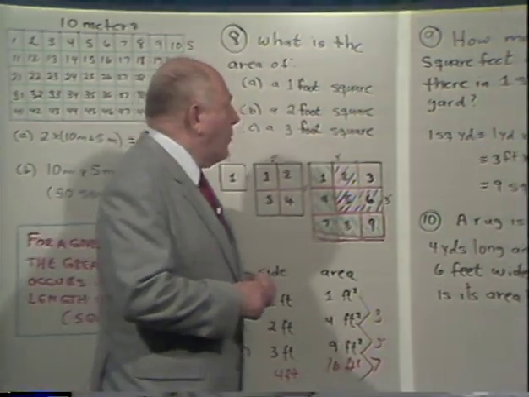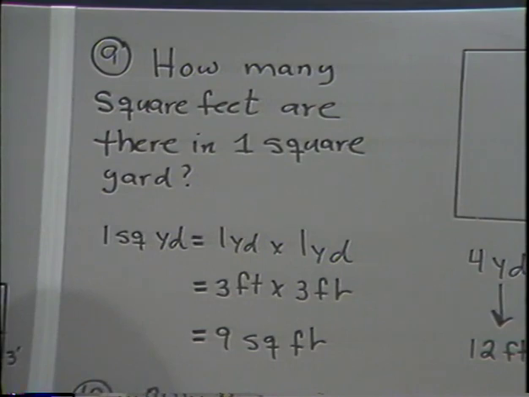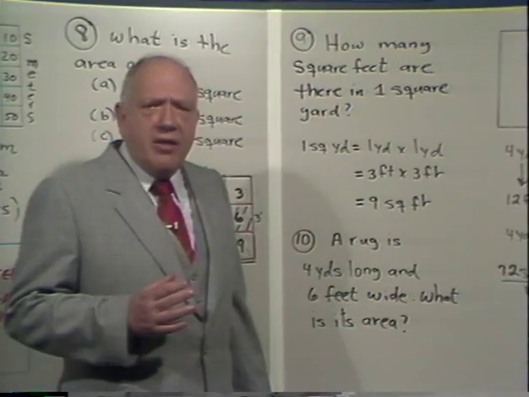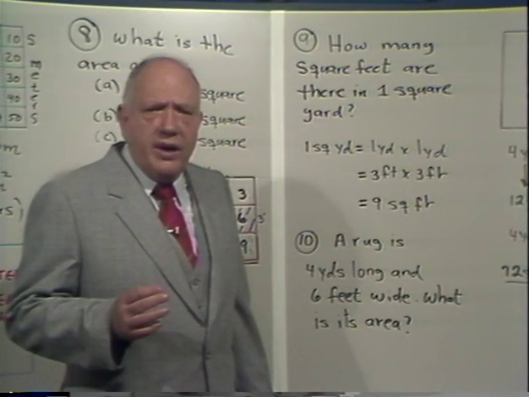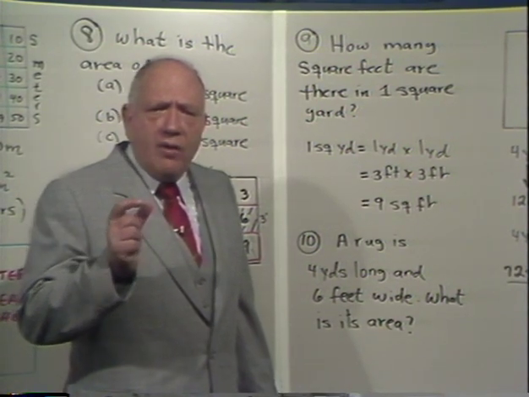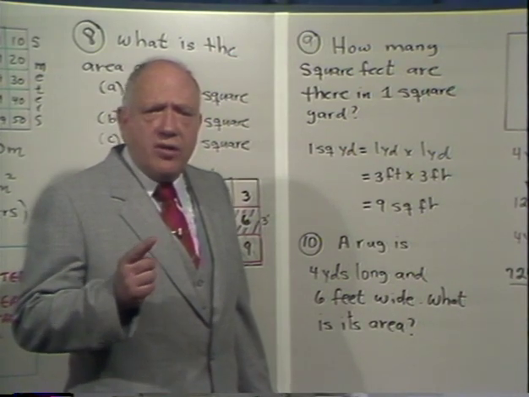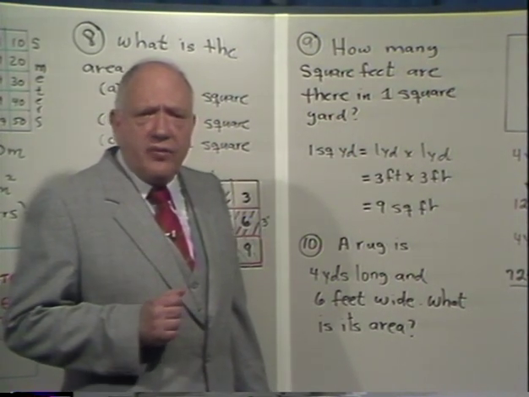different way. And what I'm going to say is, problem number 9, how many square feet are there in 1 square yard? You see there are 3 feet in 1 yard, so it's very easy to blurt out, oh, I know the answer. It must be 3 square feet in 1 square yard. No, we just saw that a 1 yard square, a yard is 3 feet, isn't it? And we just saw that in a 3 foot square, there are 9 square feet, not 3 square feet.